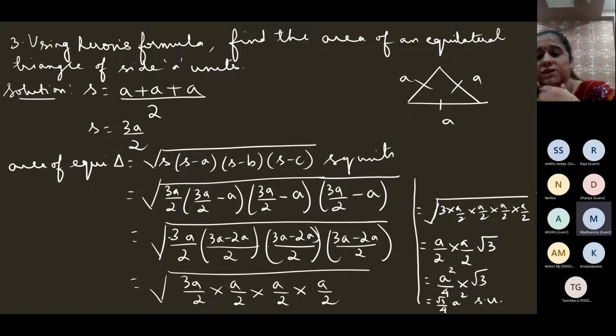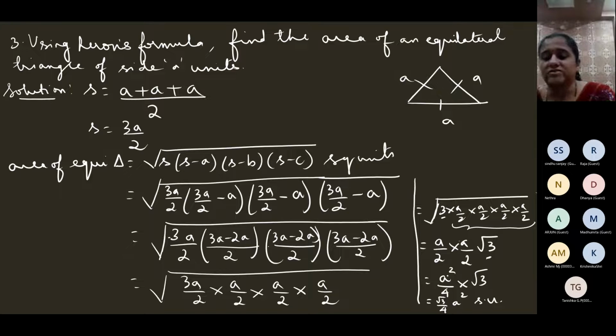Completed, ma'am. Right. So I'll just repeat this one. I said there are 4 a/2s here. So 2 a/2s come out, a/2 into a/2. 3 remains under the square root, so root 3.